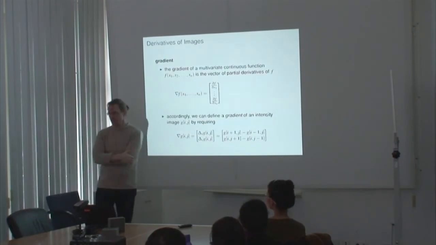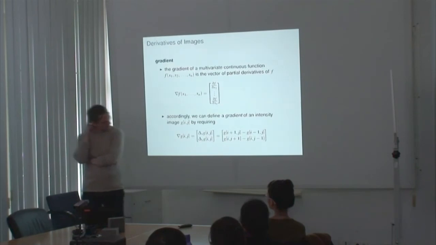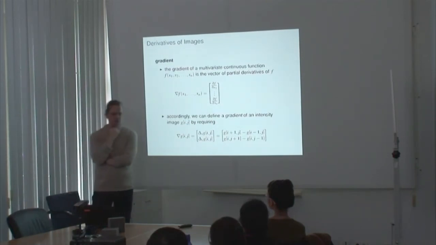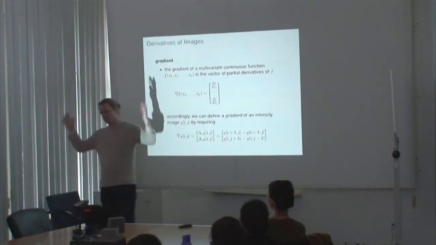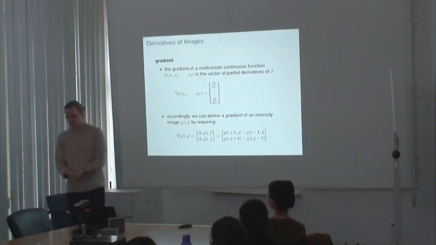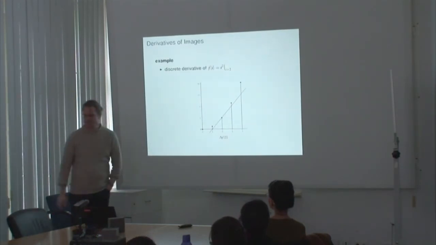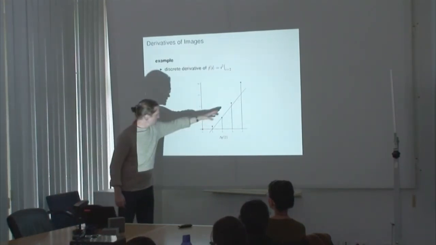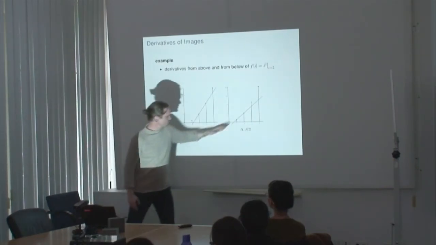Yeah, but what can we do? You're right. She was worried that we are losing information because of the plus 1 and minus 1 here. Yes, we do, but it's a compromise. So we are dealing with this as opposed to either this or this.